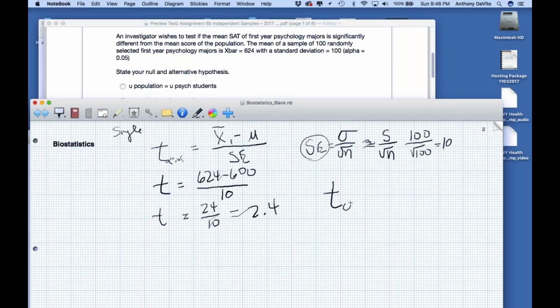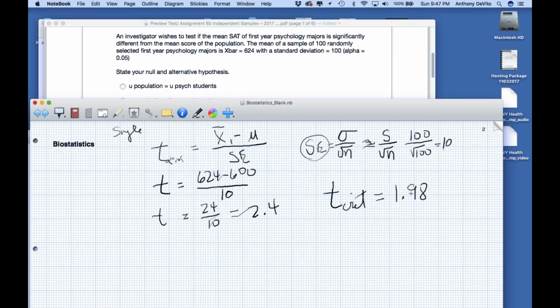Anybody remember what the t-critical was that we needed to exceed in order to reject the null hypothesis that the two means are equal? 1.98. Okay, I know it's late. I hope I'm not keeping you up, but I'm hoping that you guys are catching that.